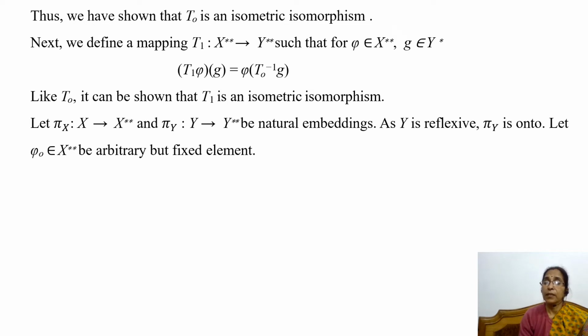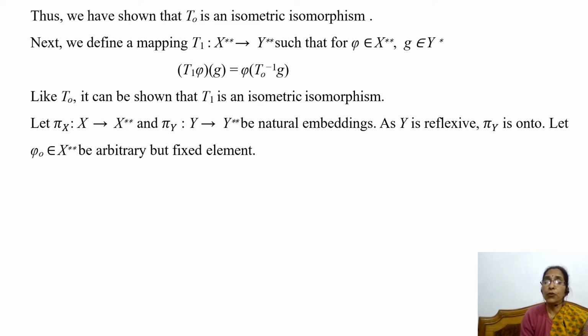And since T naught is bounded, because we know that T naught is a homeomorphism, being an isometric isomorphism, it is continuous, and so bounded, and T naught inverse is also bounded, and phi is bounded, and so their composition is a bounded linear functional. So this mapping is well defined, and this mapping is similar to the mapping T naught. So like T naught, it can be easily shown that T1 is an isometric isomorphism.